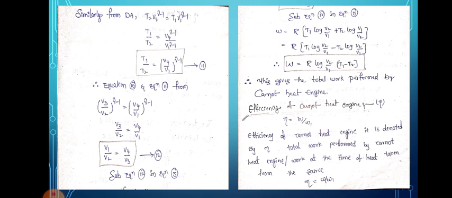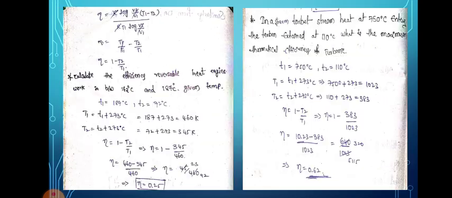Therefore finally eta is equal to W by W1. Therefore eta is equal to R log V2 by V1 into T1 minus T2, divided by R T1 log V2 by V1. So R gets cancelled, log V2 by V1 gets cancelled. Then finally eta is equal to T1 by T1 minus T2 by T1. Therefore eta is equal to 1 minus T2 by T1. So this is the efficiency of the Carnot heat engine.